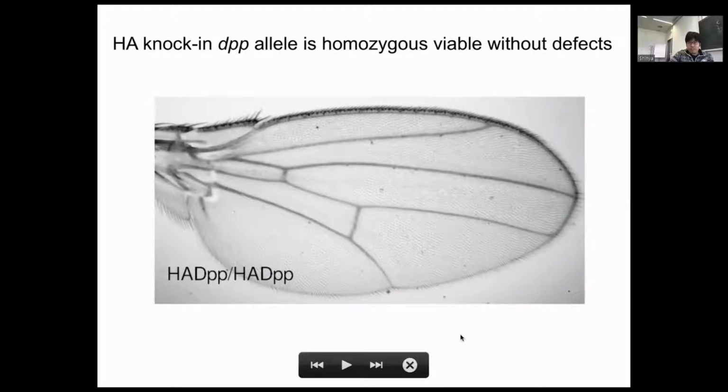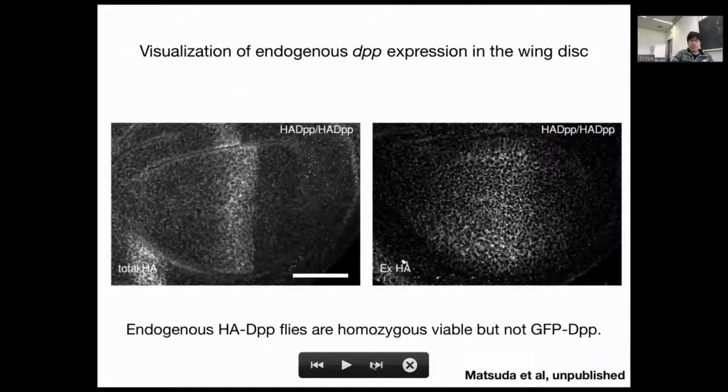Yeah, this is good. So it shows that the HA tag doesn't affect the phenotype of DPP. So as I said, by using immunostaining, we can now visualize where DPP is expressed. And you can also visualize the extracellular gradient of the endogenous DPP.